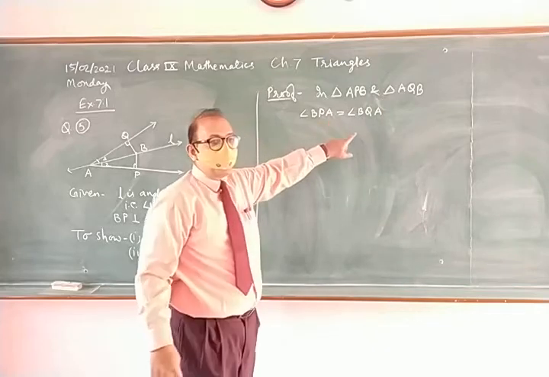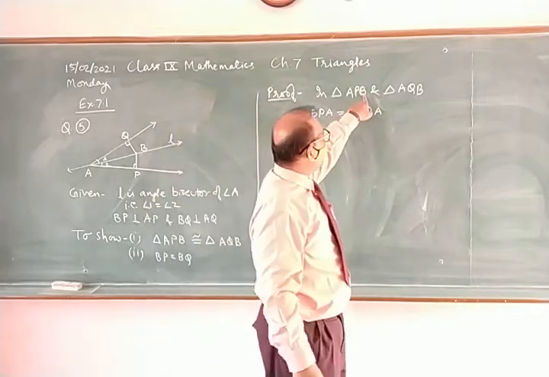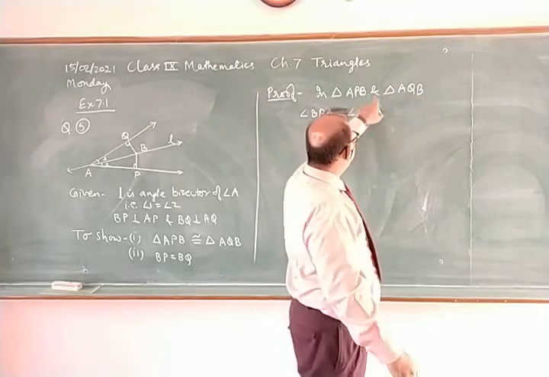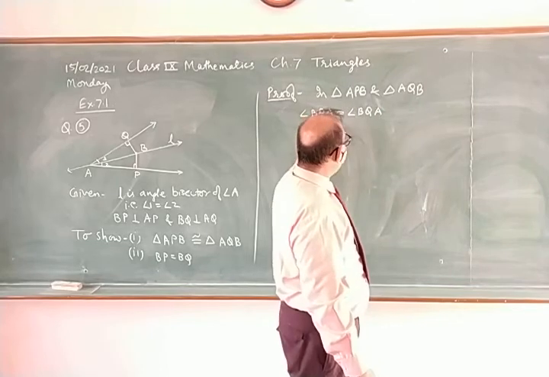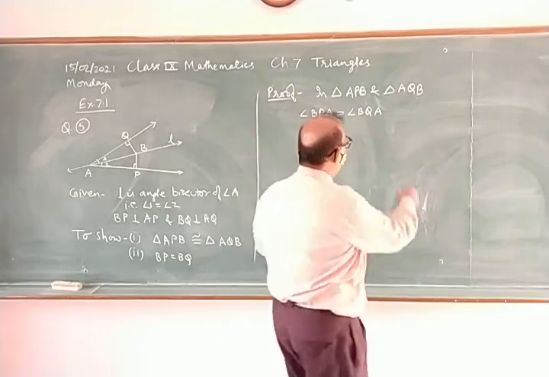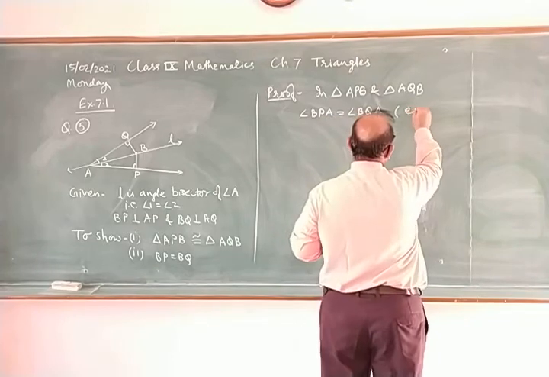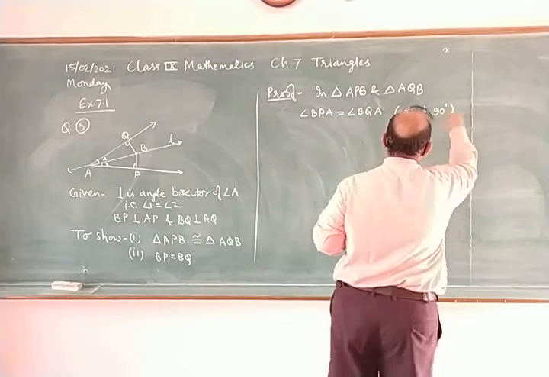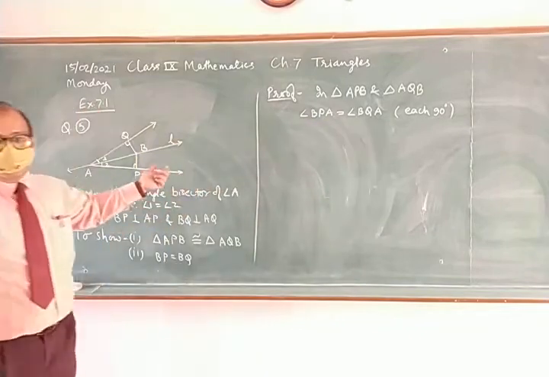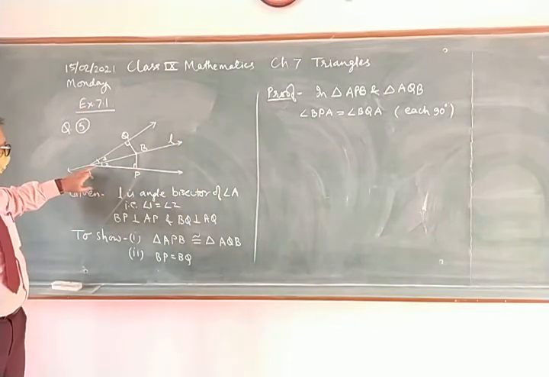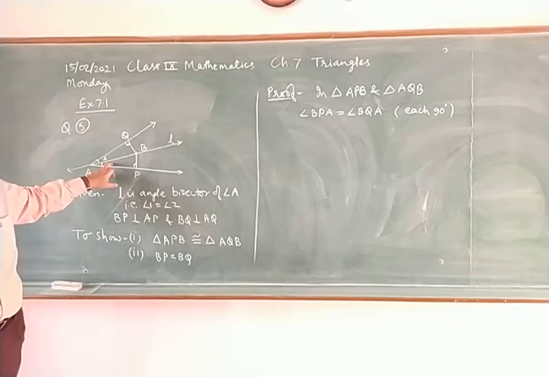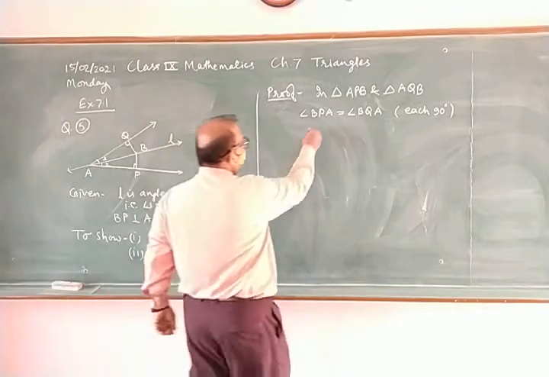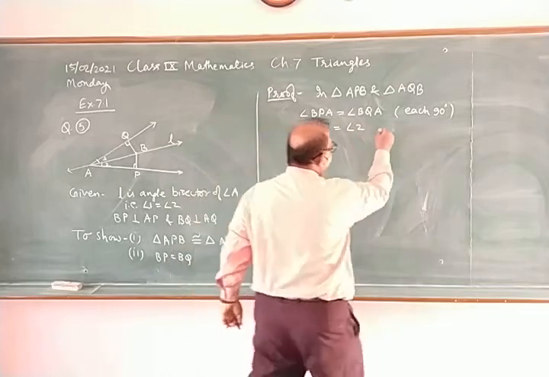Now see the corresponding parts. It is given. Perpendicular means 90 degrees. Now, the second thing: angle 1 is equal to angle 2. Why? L is the angle bisector.